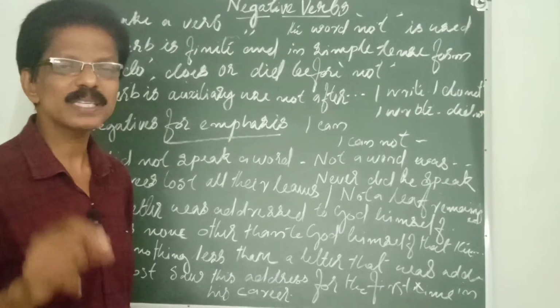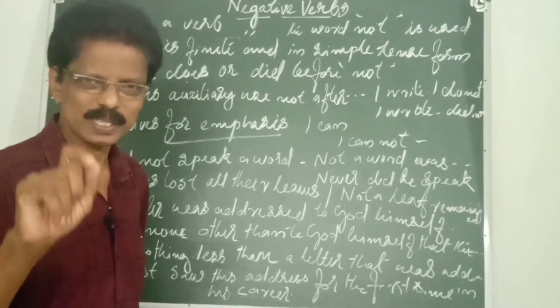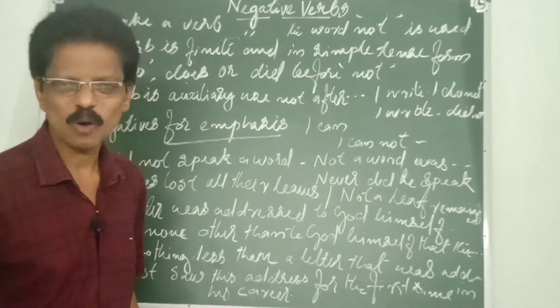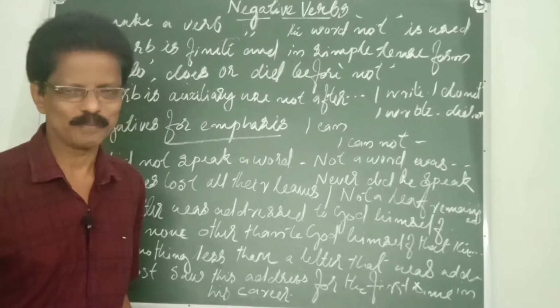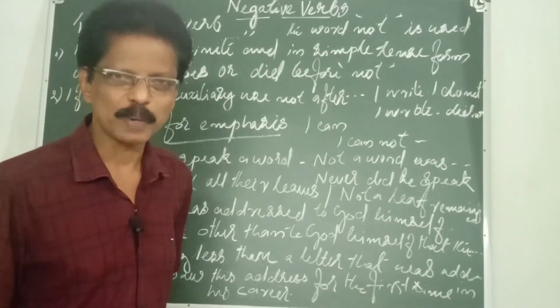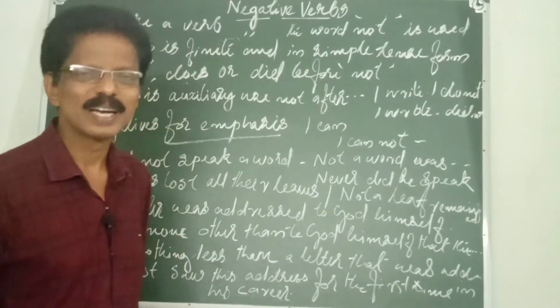So, if the verb is finite and the tense is simple, which means present simple or past simple, you have to use do, does or did according to tense. Which means if it is present, you have to use do or does. If it is past, you have to use did.